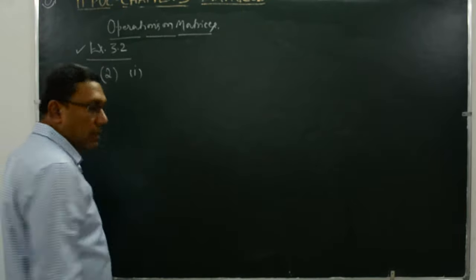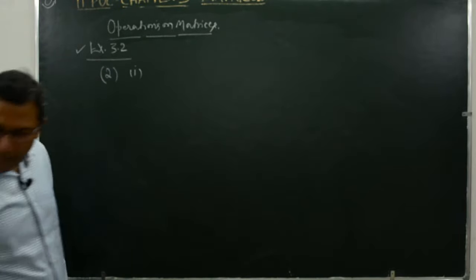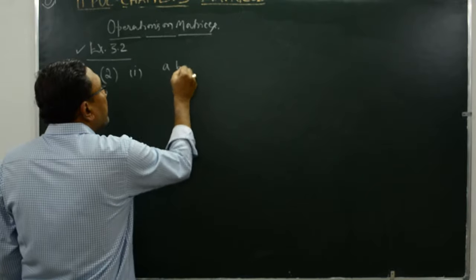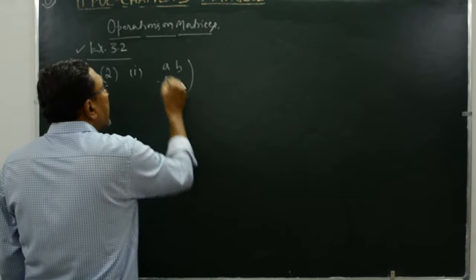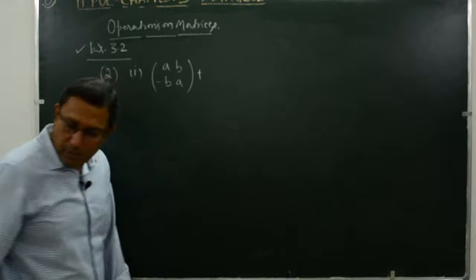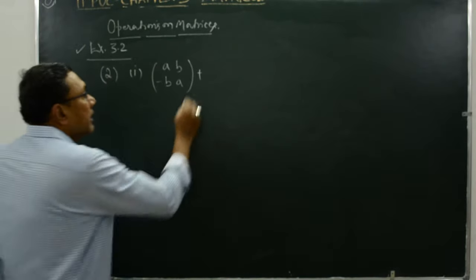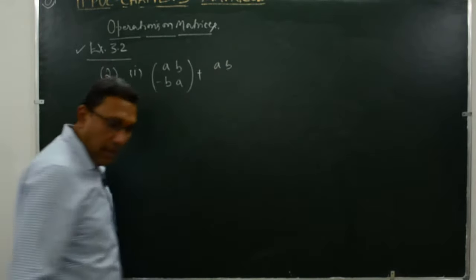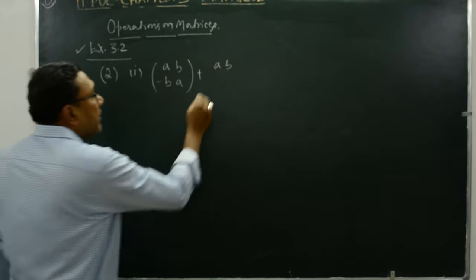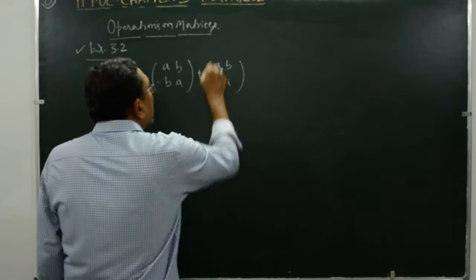The question number 1 is AB minus BA, which should be added with another matrix AB and BA. So what is the resultant of this?